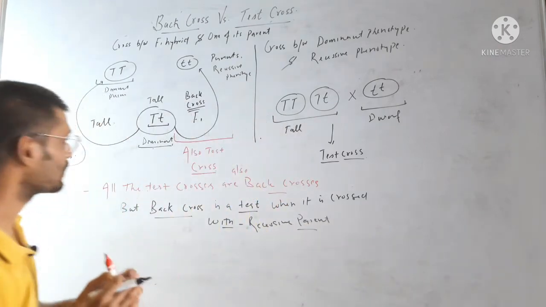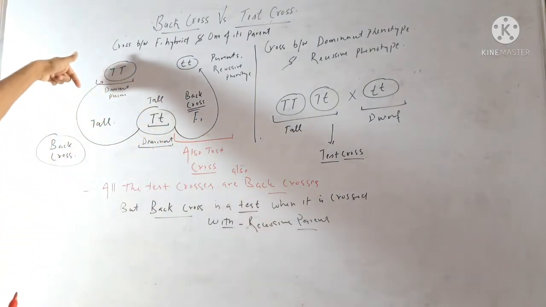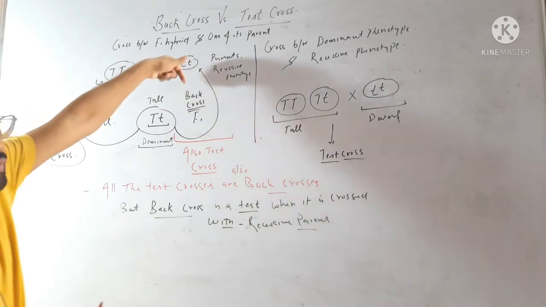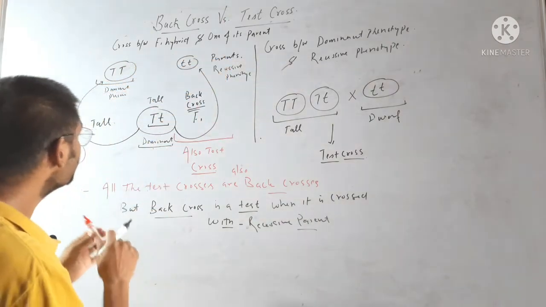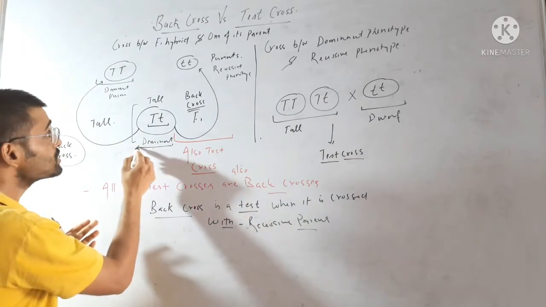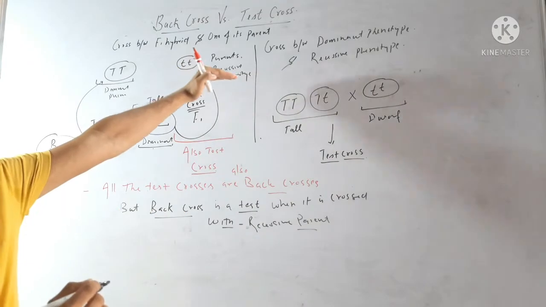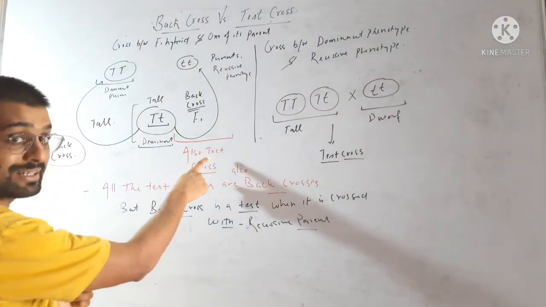In case of backcross, we will cross it either with the dominant parent or with the recessive parent. So when we cross this F1 hybrid with a recessive parent, it will also be a test cross.